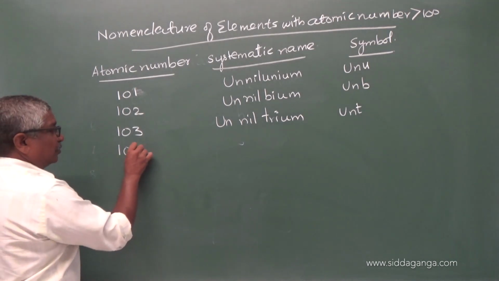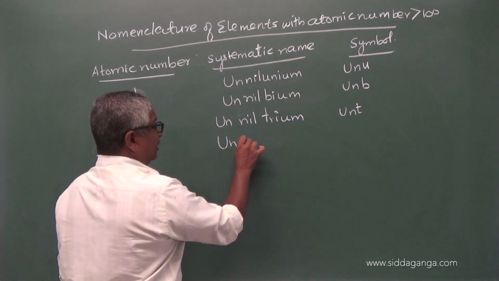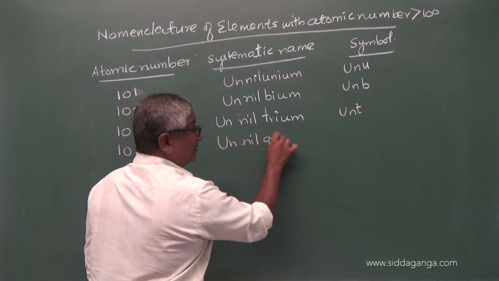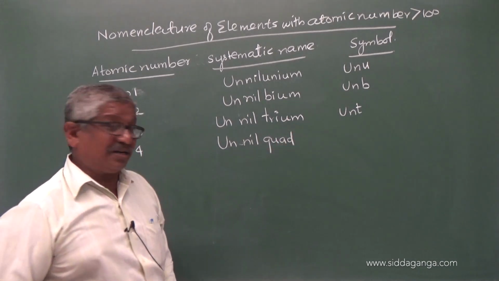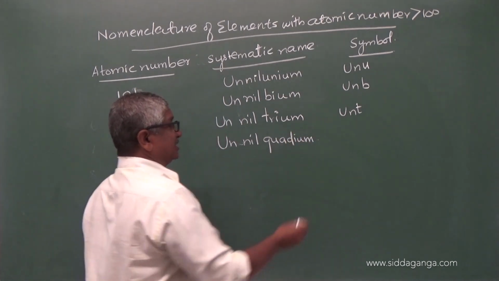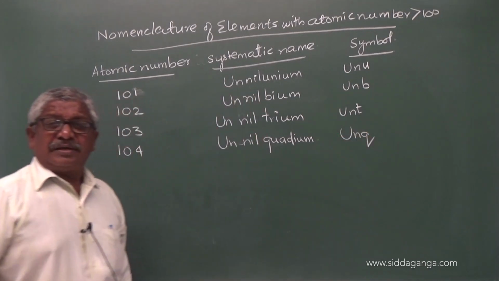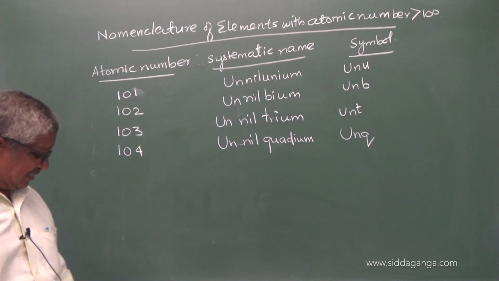Next it is 104: un nil quad. The 4 is indicated by the Latin word quad, then IUM. So UNQ is the symbol according to the Latin words.